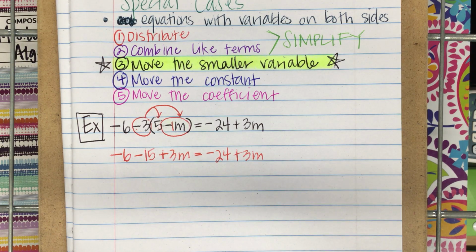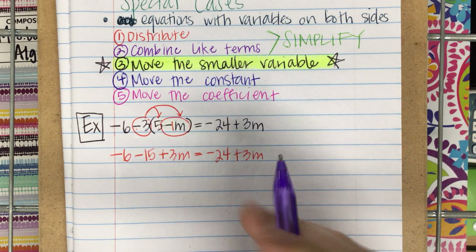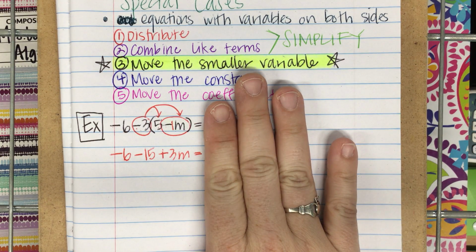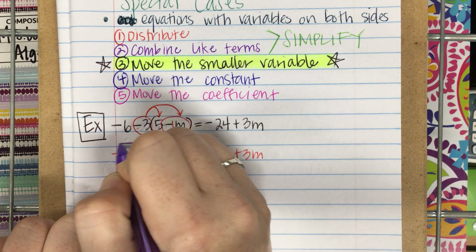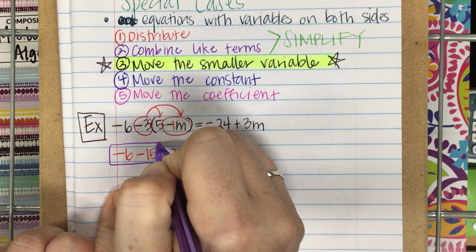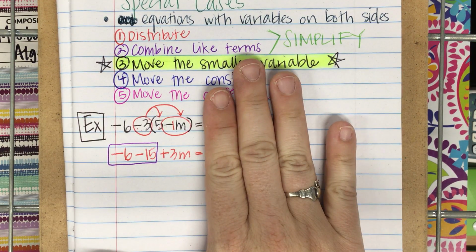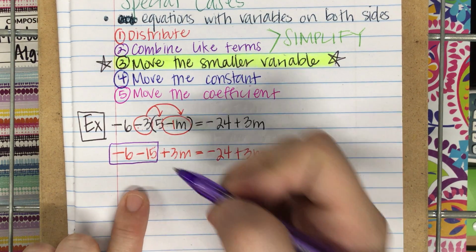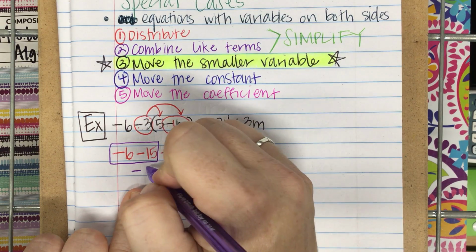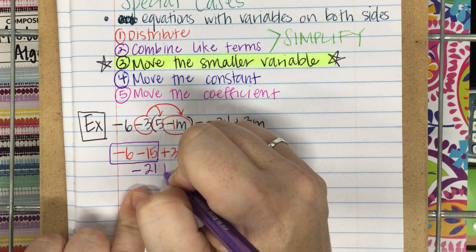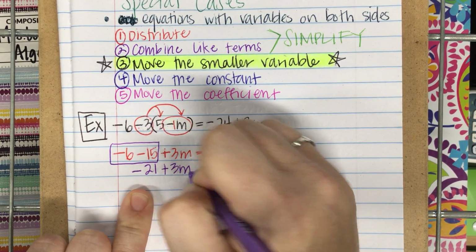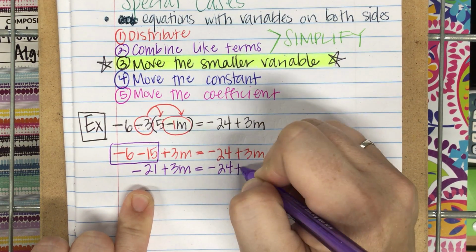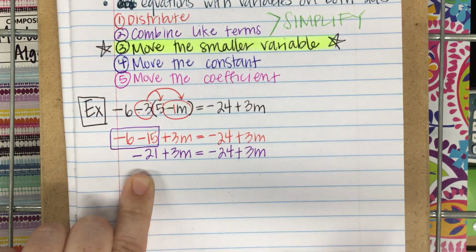Now step 2, combine like terms. Is there anything that needs to come together? -6 minus 15 makes -21 plus 3m equals -24 plus 3m.